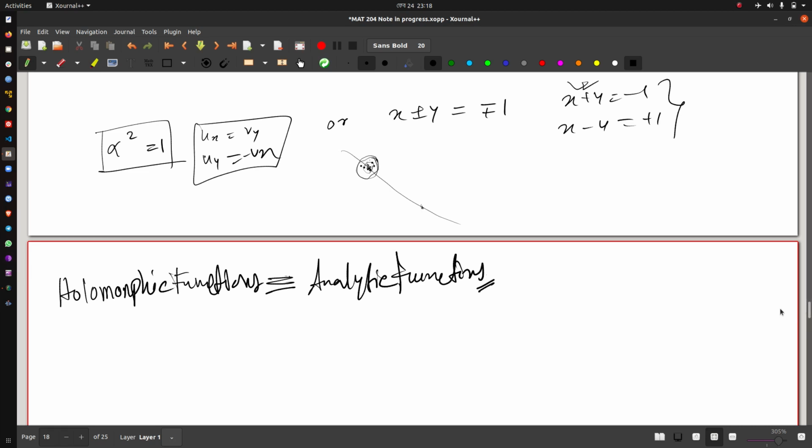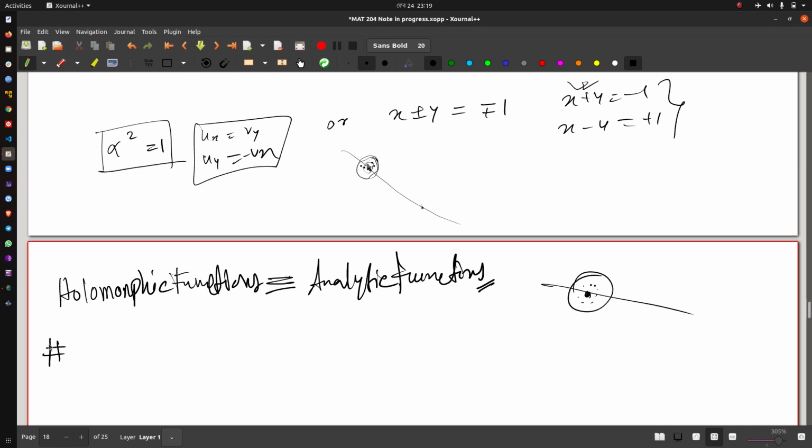Now, since in this example we saw that, let's say you have a point and around the neighborhood the function is not analytic, or at that point the function is not analytic, or the function might be analytic. So can we classify these points using the properties that we learned from the function's analyticity? The answer is yes.